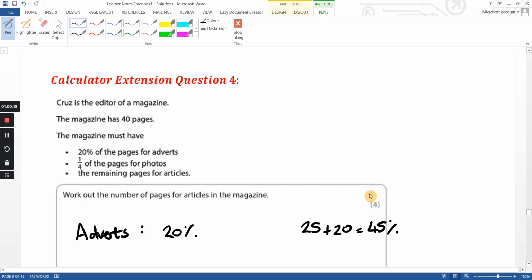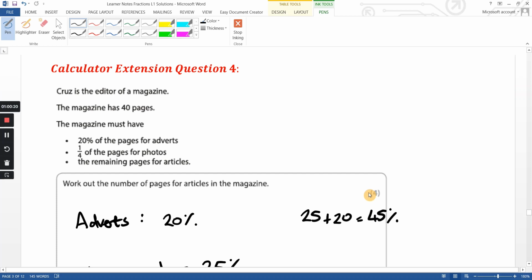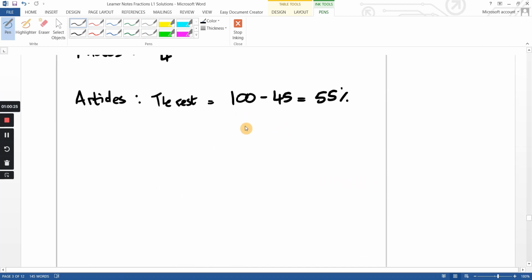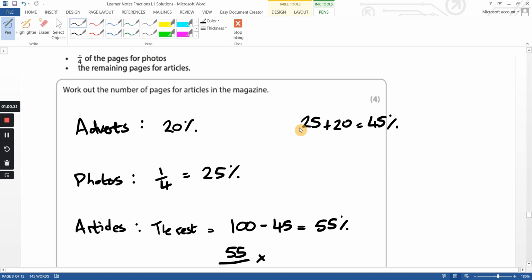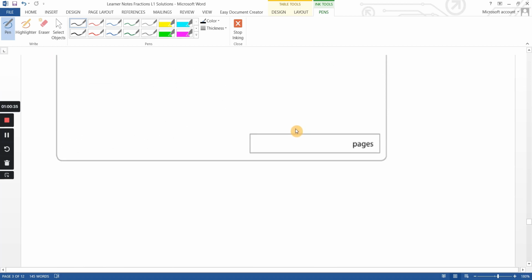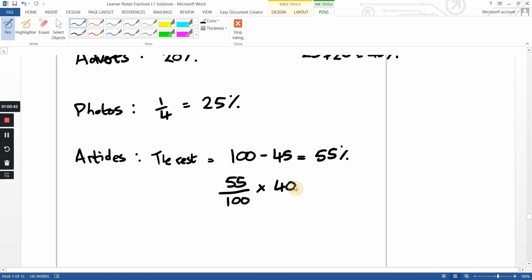So if I can work out 55% of 40, this is one way of doing it, by the way. You don't necessarily have to do it this way. But if I do 55% of how many pages? 40 pages in total. Let's work that on the calculator. I get 22 for my answer.